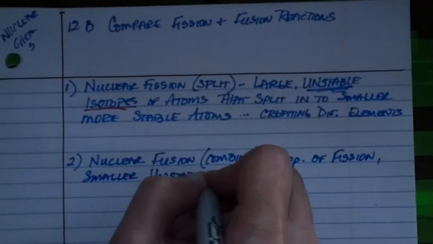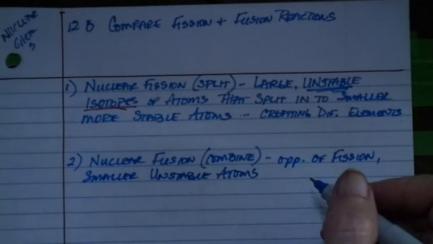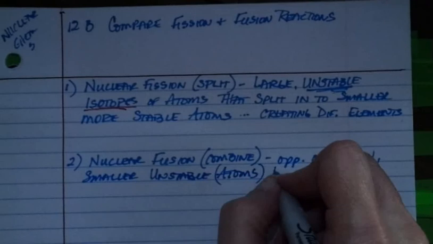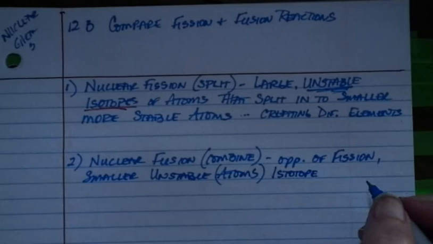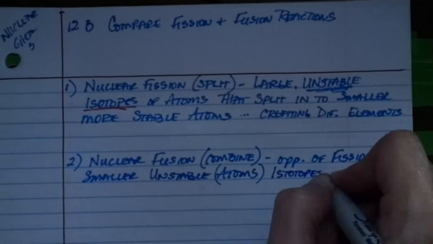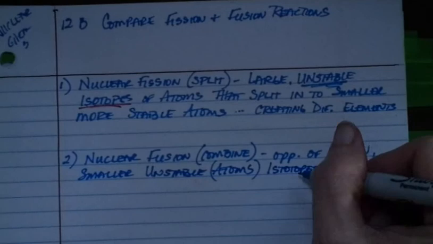And I'm going to put atoms in parentheses, isotopes. Remember, we were talking about different isotopes, so differing numbers of neutrons. It's always, again, those number of neutrons that tends to make the atoms more unstable. So you have smaller, unstable isotopes that fuse to form one larger, more stable atom.